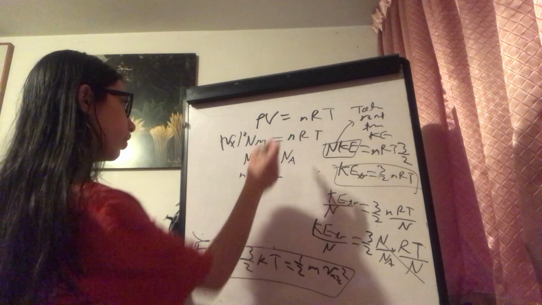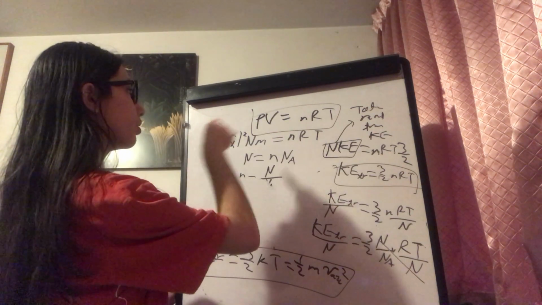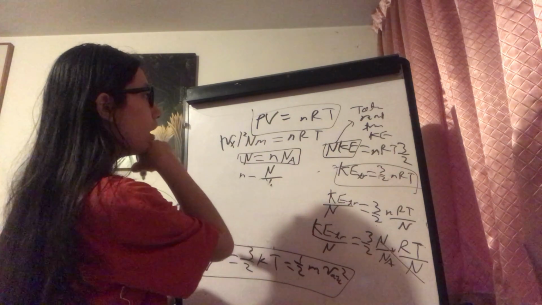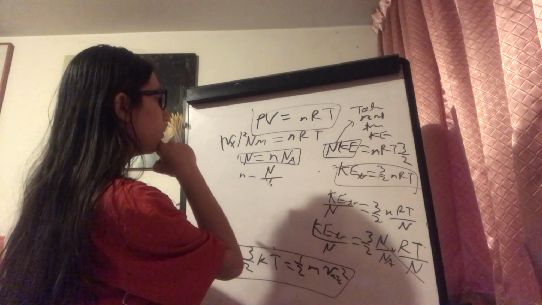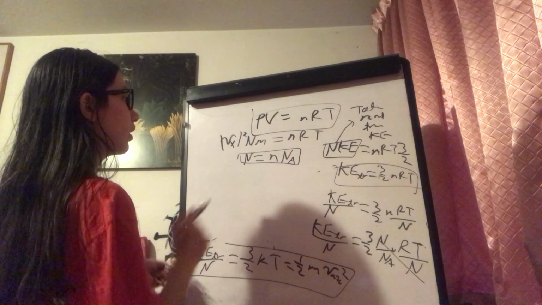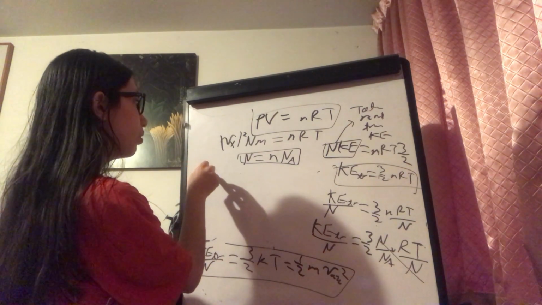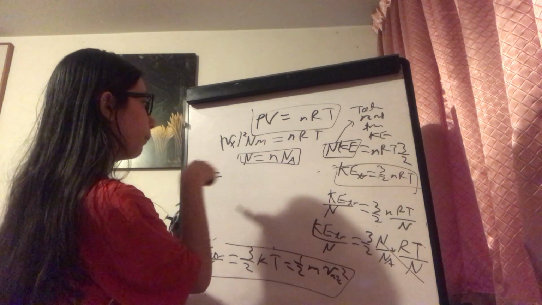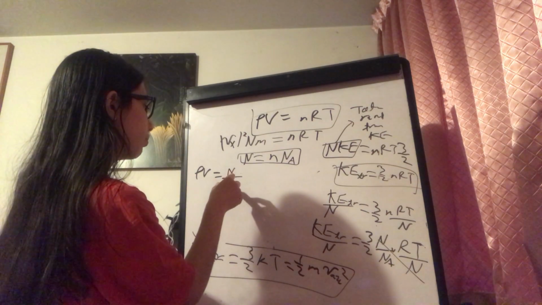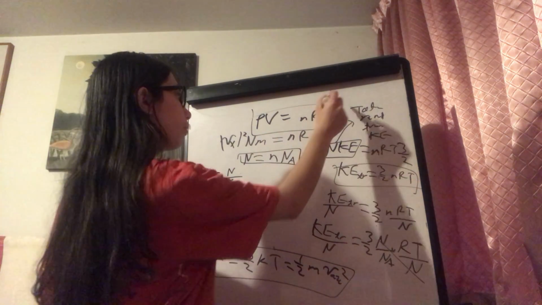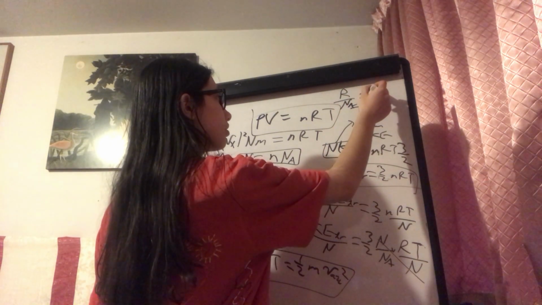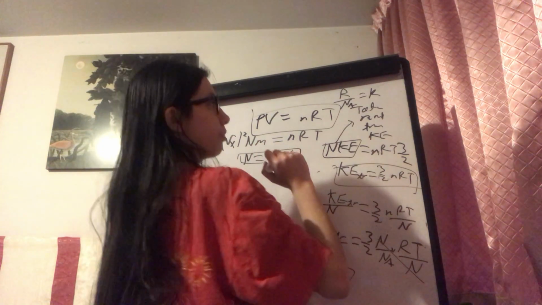Now if we want to write this in another way, we will substitute this by this, and R can be substituted by, or let's put it like this. So we'll have that pressure times volume is equal to the number of molecules divided by Avogadro's number times R. Remember, we saw that R over Avogadro's number is the same as the Boltzmann constant.